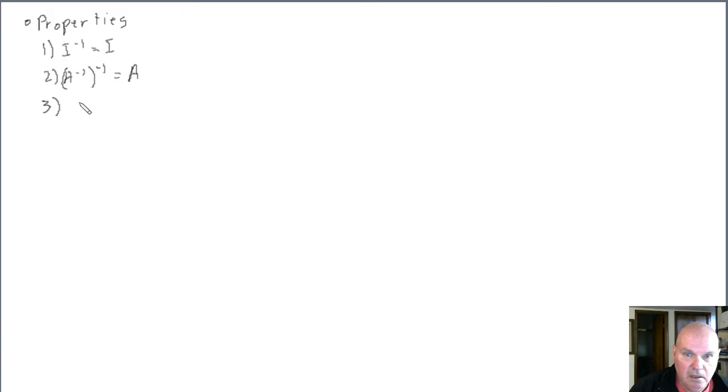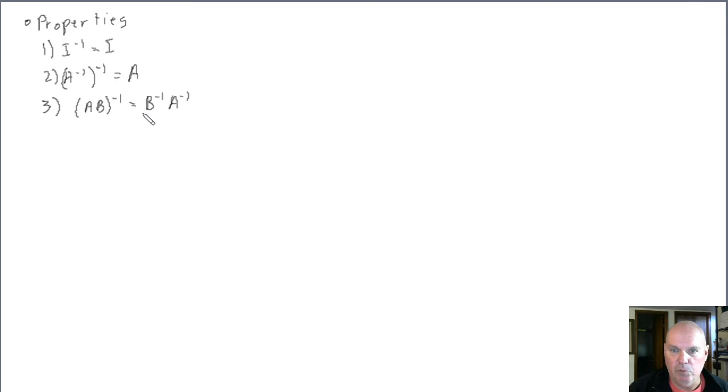The inverse of a product of two matrices, where the inverses are assumed to exist, and A and B would both be square and of the same size, is equal to the product of the inverses in reverse order. Remember, we had a similar result for the transpose.